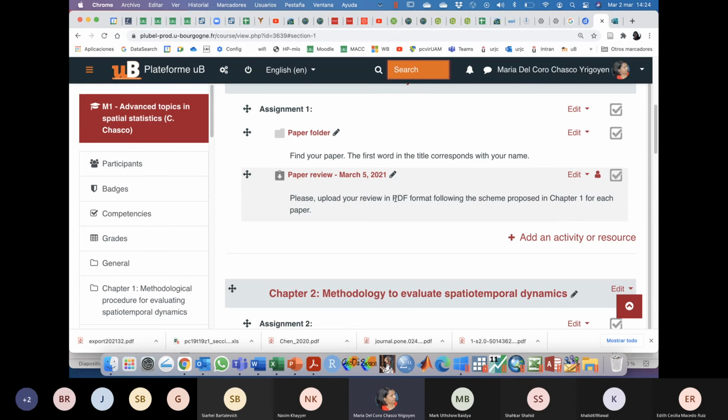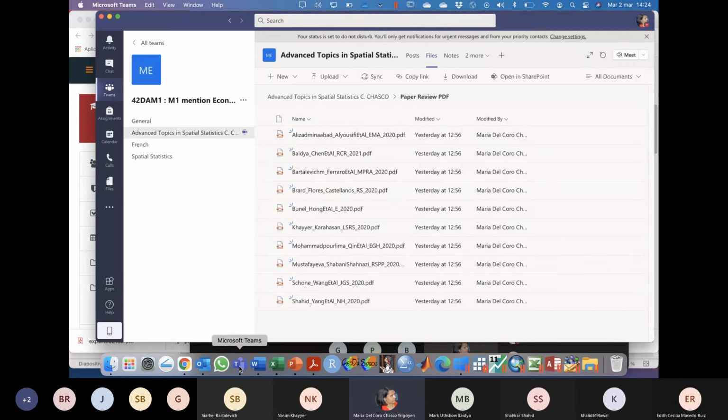The papers I assigned you are all from 2020, 2021, if you can see, so very modern and very new ones. You will see very different representations with colors, and more sophisticated presentations for the exploratory analysis.